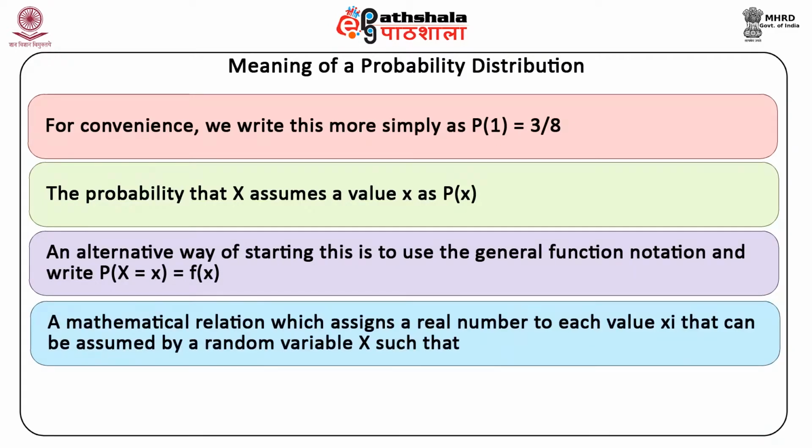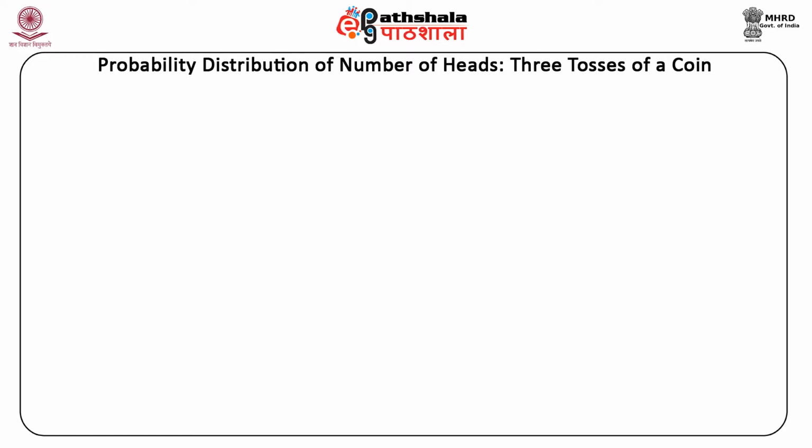A mathematical relation which assigns a real number to each value xi that can be assumed by a random variable X, such that probability of xi is greater than or equal to 0 but less than or equal to 1, and the sum of these probabilities of xi is equal to 1, is called the probability function or the probability distribution of the random variable X. The real numbers assigned as probabilities to the possible values of X must lie in the interval 0 to 1 inclusive, and the sum of the probabilities thus assigned must equal unity.